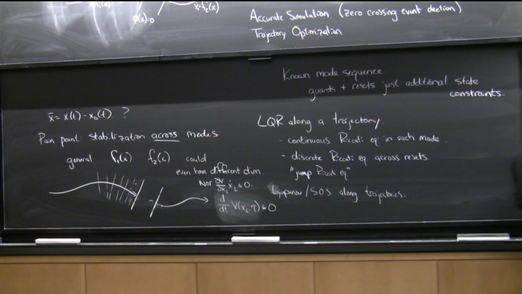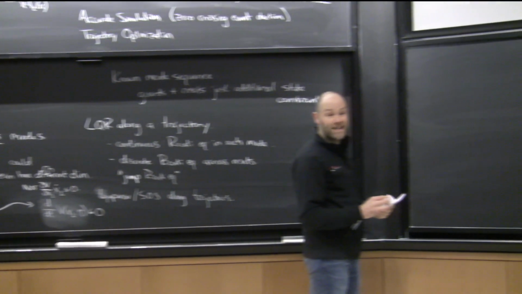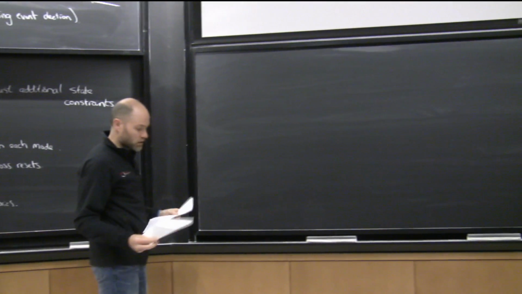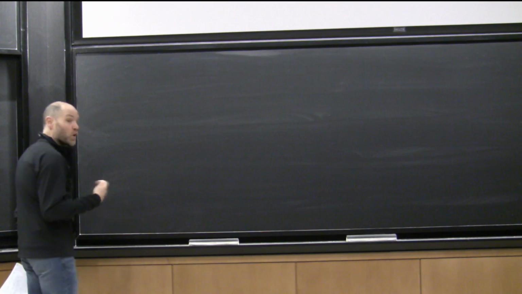So, the first idea is to go to maximal coordinates, and typically in legged robots, you think of that as the floating base coordinates.